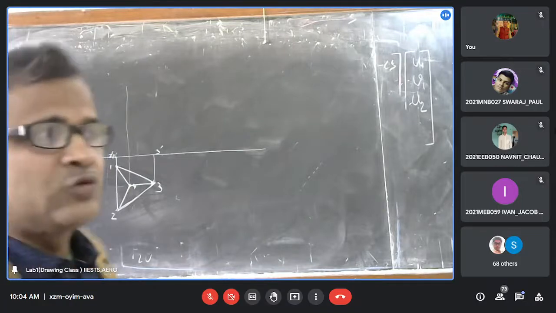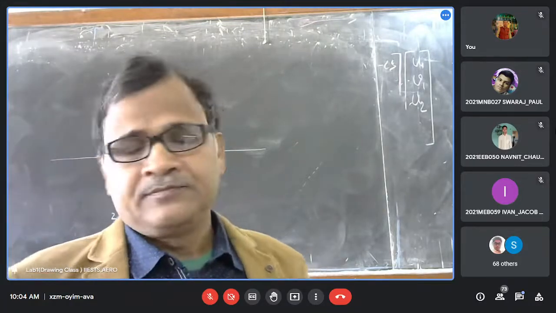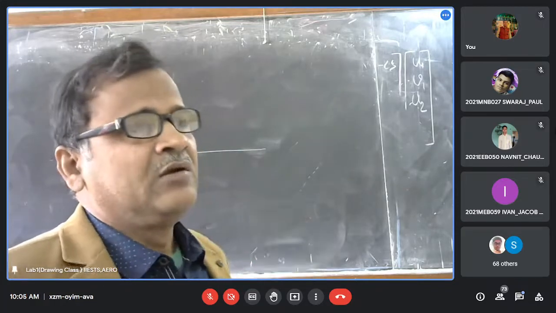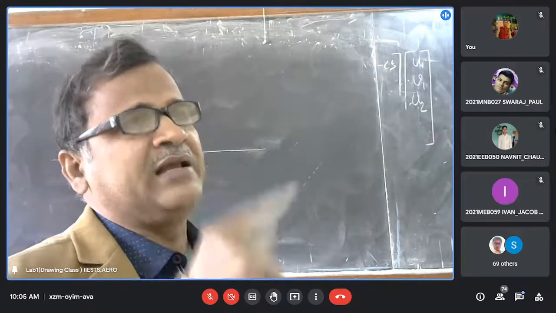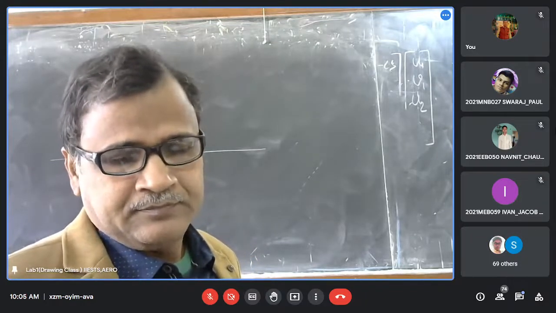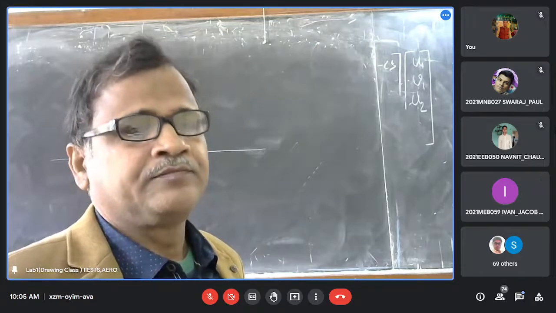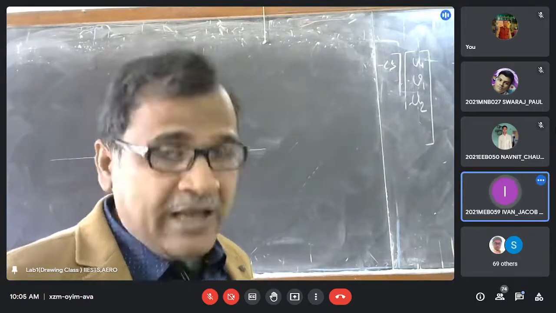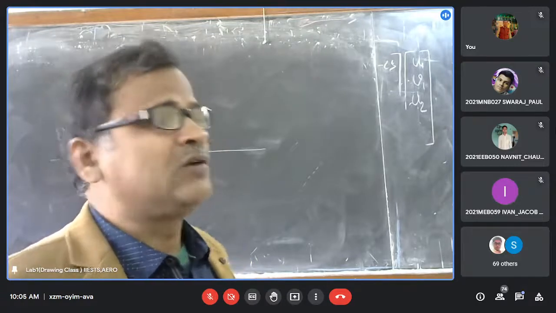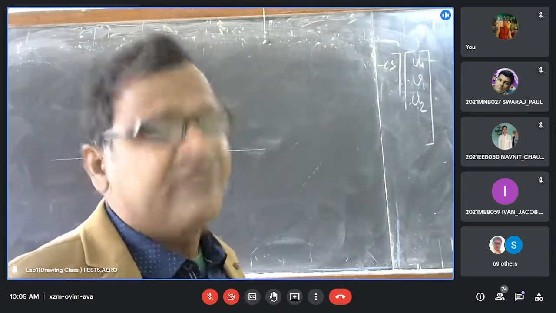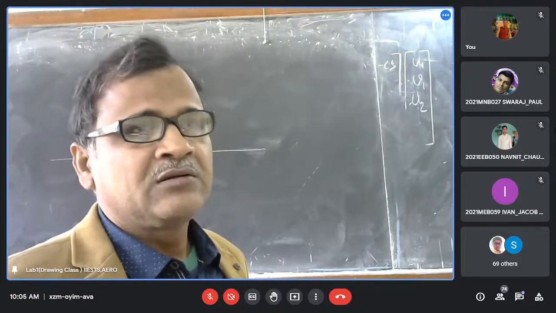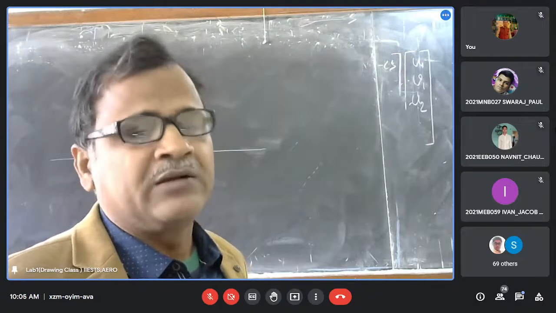You get the true length of an edge when you project it on the elevation or plan and the edge is parallel to the plane. Suppose you want to see the true length on the elevation, then that side will be parallel with the ground line or the vertical plane.